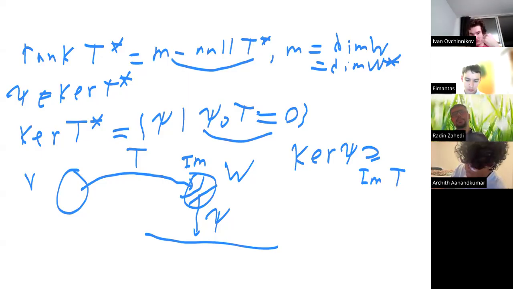This concept introduces a very new and very important notation, which is the annihilator.